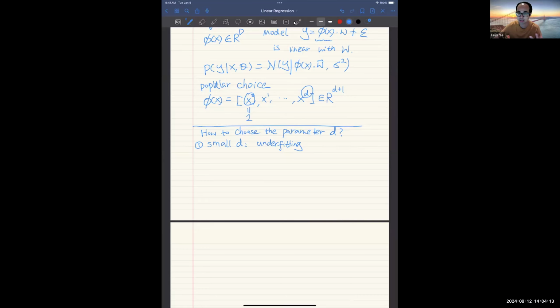For new data, the validation error and test error will also be high. This basically says my predicted value for the new data deviates from the truth a lot.